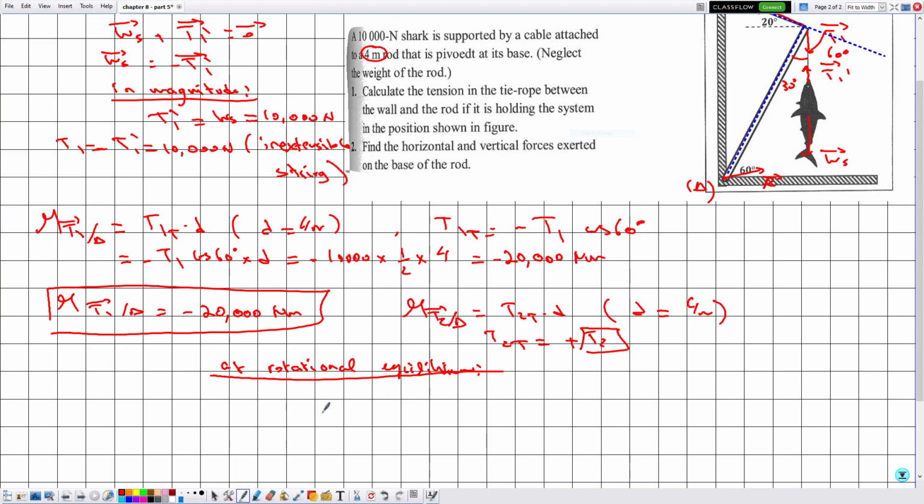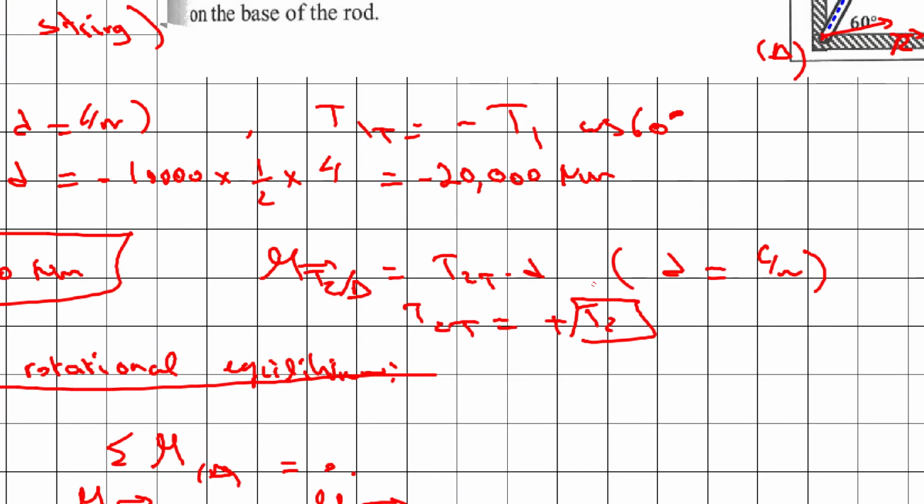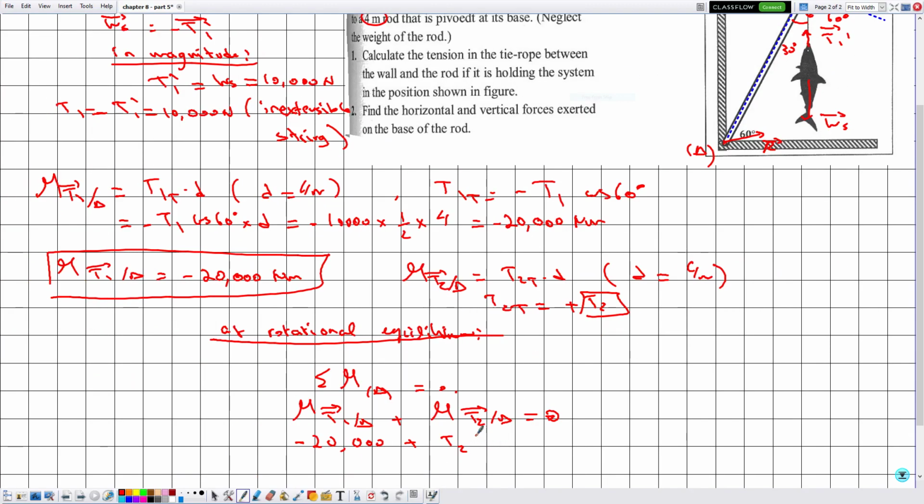So we have that the sum of moments around the axis delta is equal to 0, which means that the moment of the tension T1 around delta plus the moment of the tension T2 around delta is equal to 0. The moment of the tension T1 is minus 20,000, plus T2 multiplied by the distance D, because notice that this is T2 and this is the distance D, so multiplied by 4 is equal to 0.